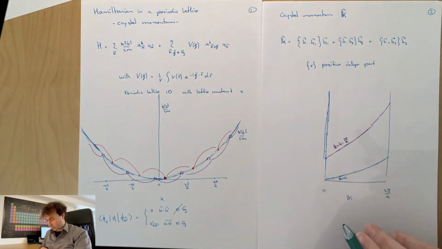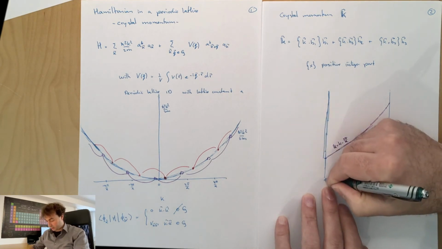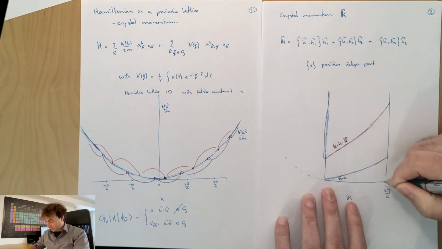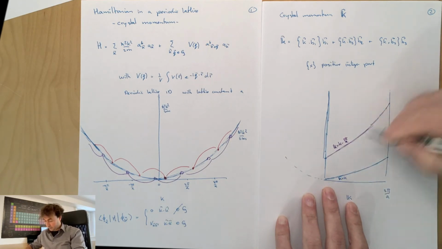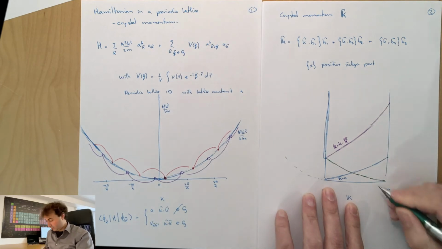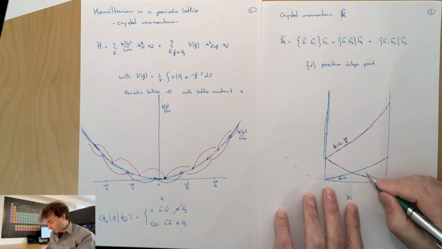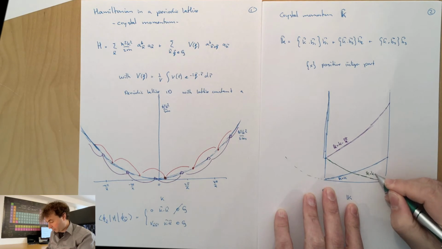You can of course also look in the other direction. Here I hit my zone boundary, I would have continued here, and this is now folded back to the first Brillouin zone, where the crystal momentum is the full momentum plus 2 pi over a.